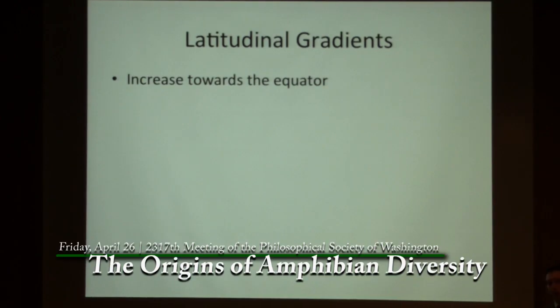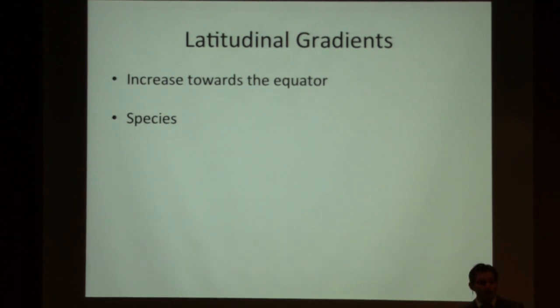They were written about explicitly by Darwin and Wallace, but they were noticed by explorers during the classical period and even back into the times of the Greeks. And what you see is a latitudinal gradient, an increase towards the equator, in species, which is the most obvious, but also in terms of things like communities.